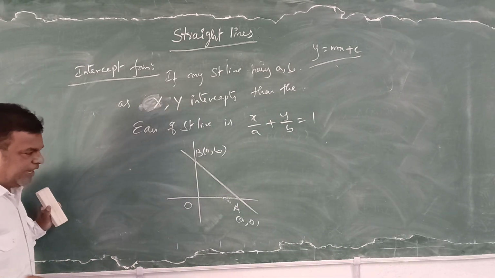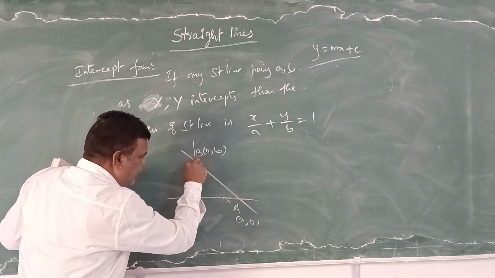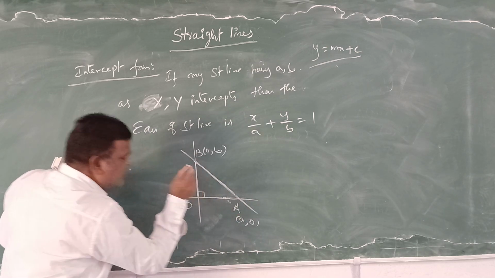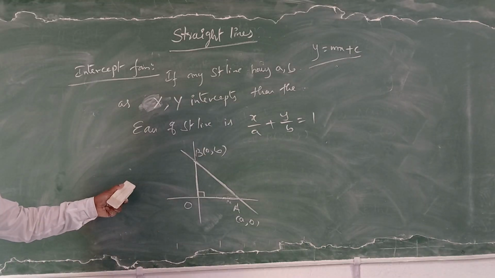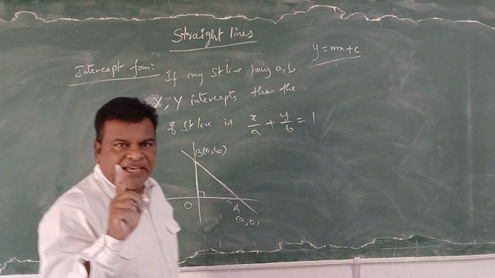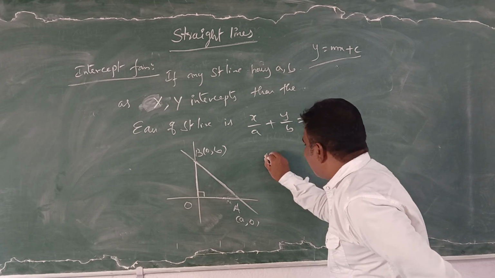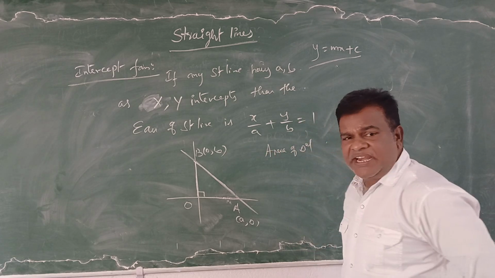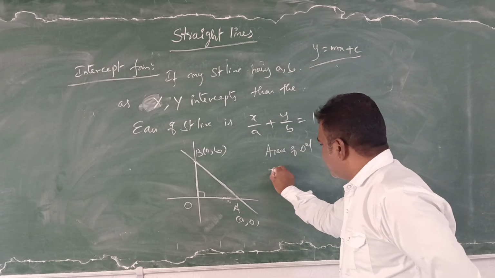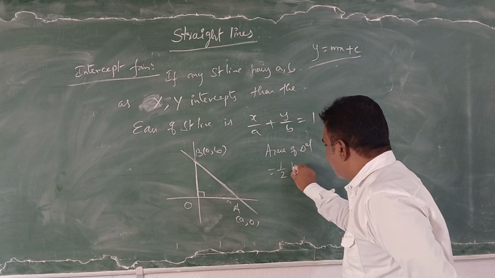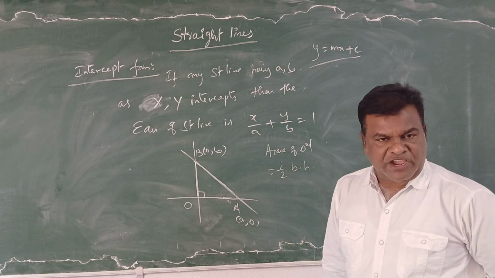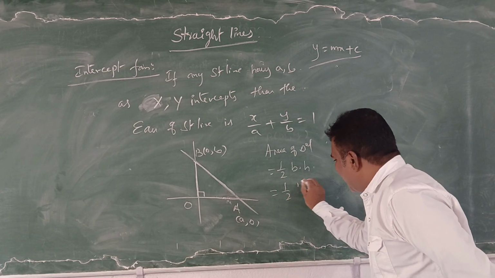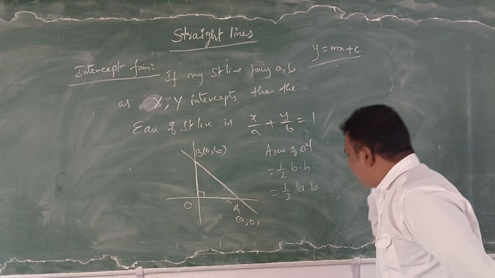Here, if you observe one thing, OAB is a right angle triangle, correct or not? What is the area of triangle? Area of triangle is half base into height. I am just writing half x intercept into y intercept.